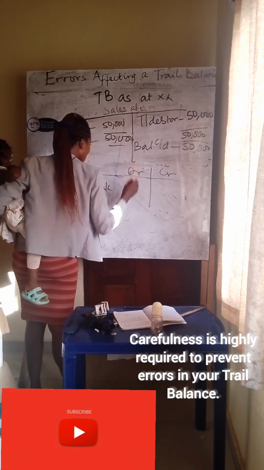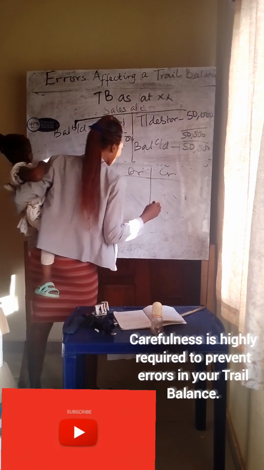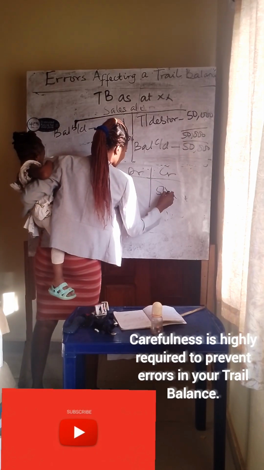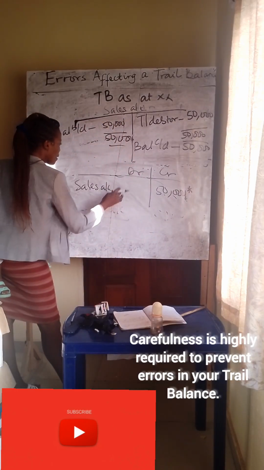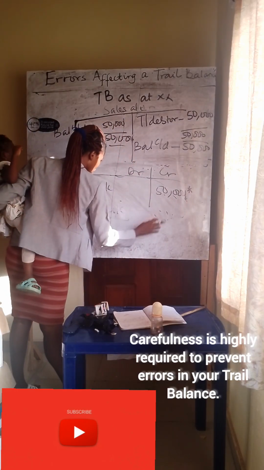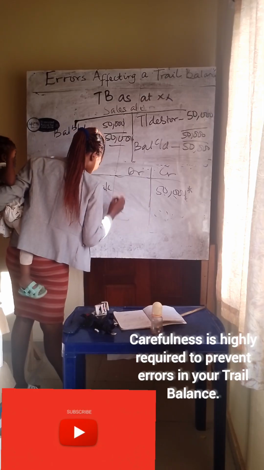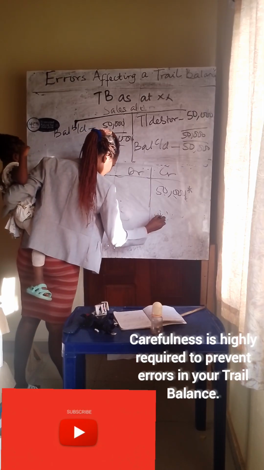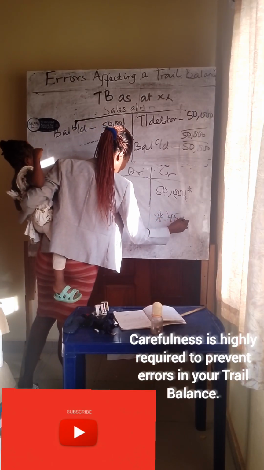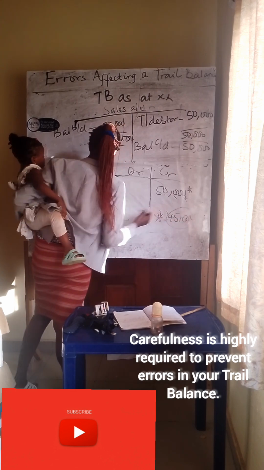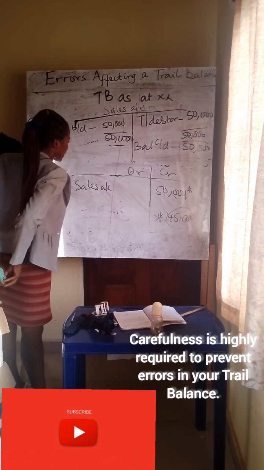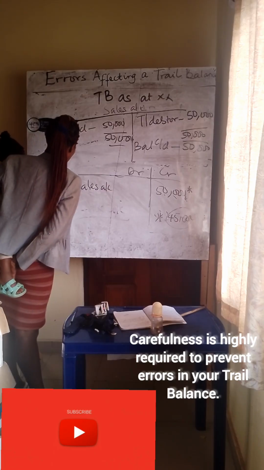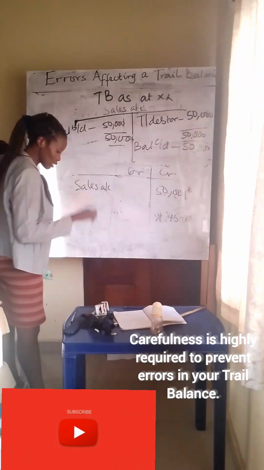So 50,000 naira, we posted 50,000 naira on the credit side instead of on the debit side. And so the amount ought to be 5,000 naira and not 50,000 naira. So there will be an excess of 45,000 naira. Are we together?